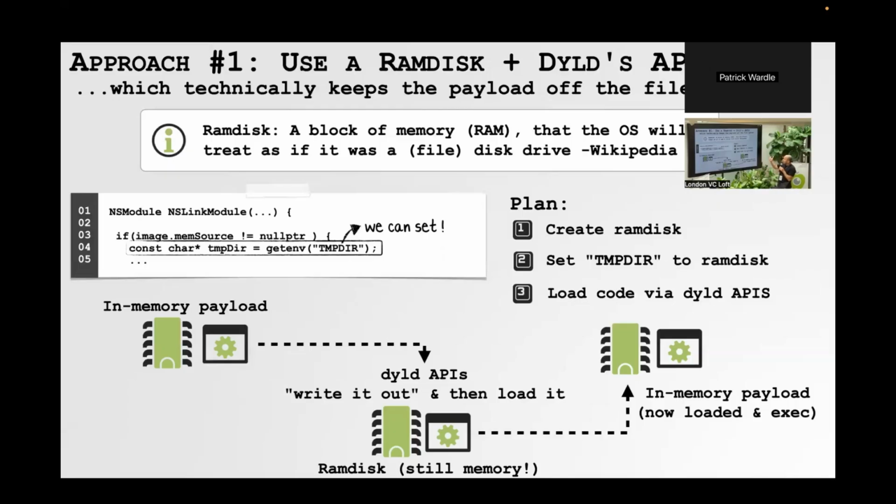So what we can do is create a RAM disk, which again looks like a file system but is actually in memory, set TMPDIR to our RAM disk, and then invoke the normal APIs. They will write out the binary to what they think is the file system, but it's actually our RAM disk, which is in memory, and then load it from that RAM disk back into memory and execute it.